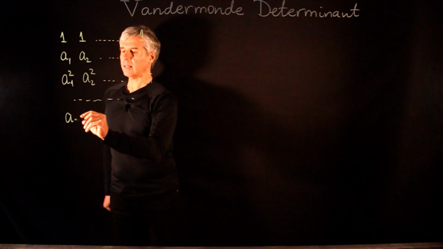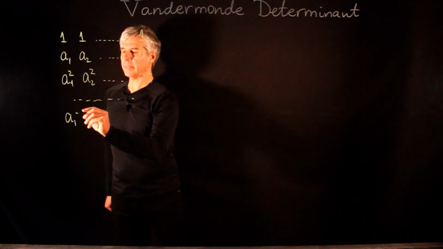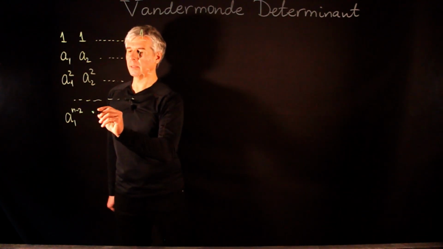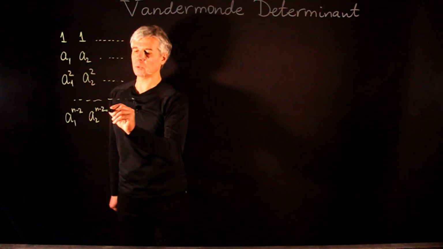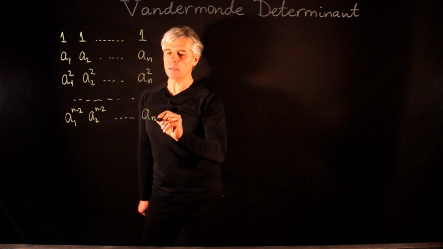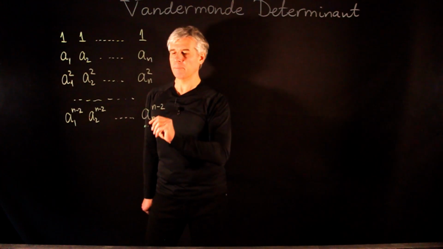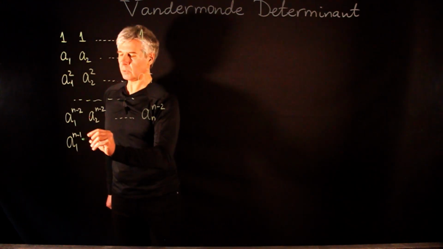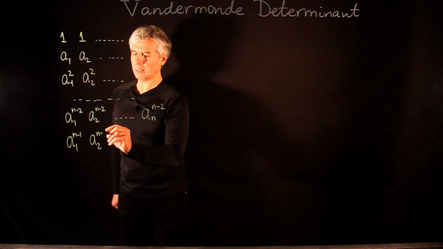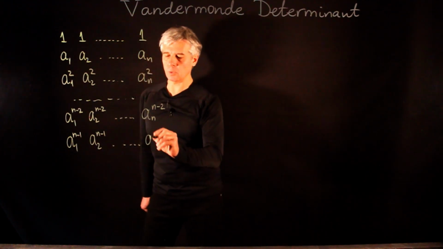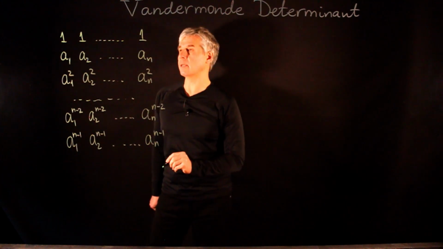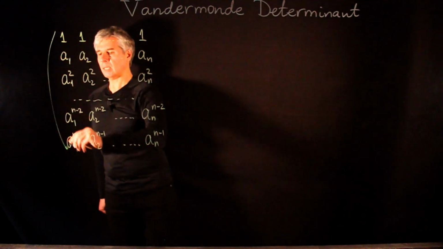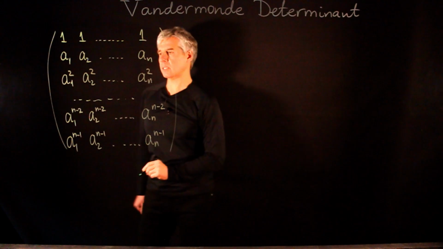Then the second last row will be a1 to the n minus 2, a2 to the n minus 2, an to the n minus 2. And the nth row of this matrix will be a1 to the n minus 1, a2 to the n minus 1, up to an to the n minus 1. So this becomes an n by n matrix.